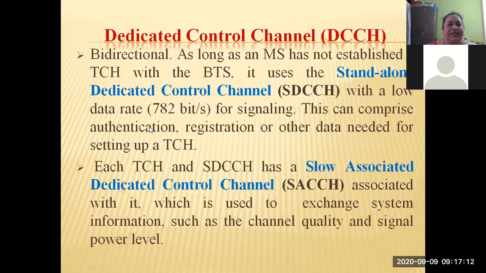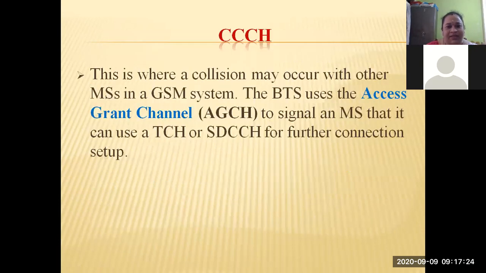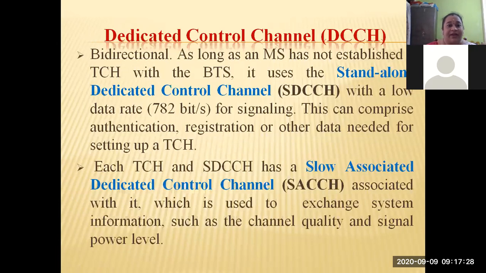The dedicated control channels are bidirectional channels which are used to get a connection or to have a standalone connection as related to the access grant channel. Similar to the access grant channel, we also have a particular channel called the standalone dedicated control channel, which is the speciality of the dedicated control channel.